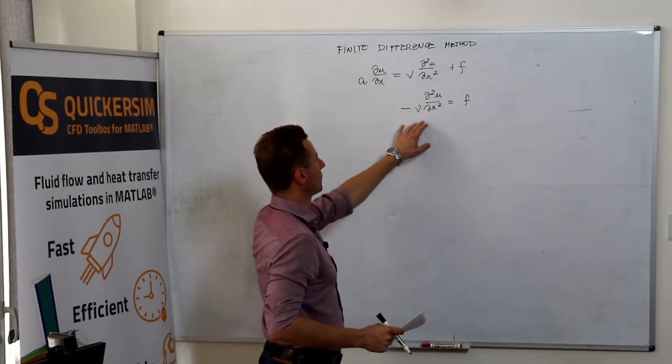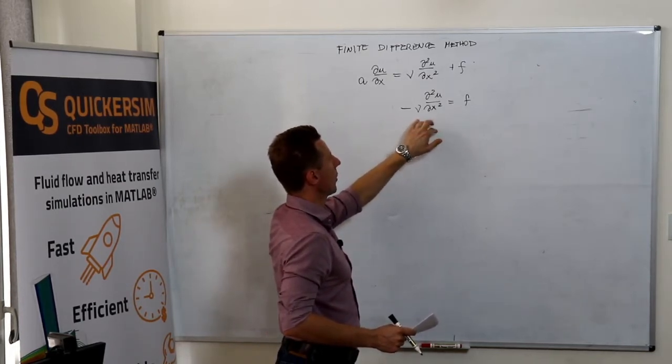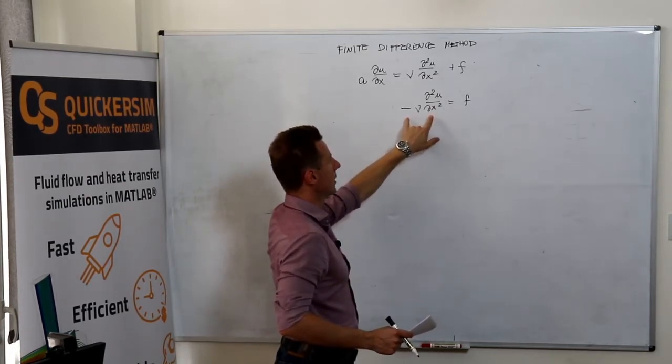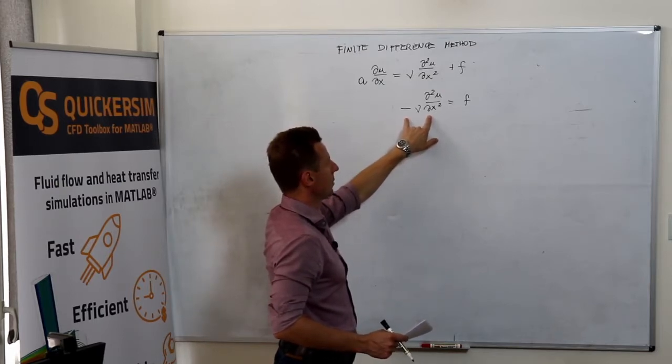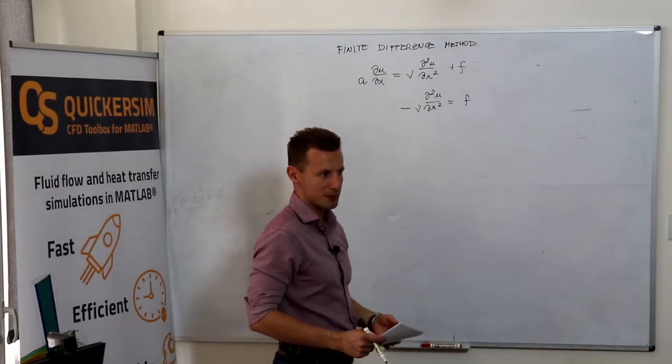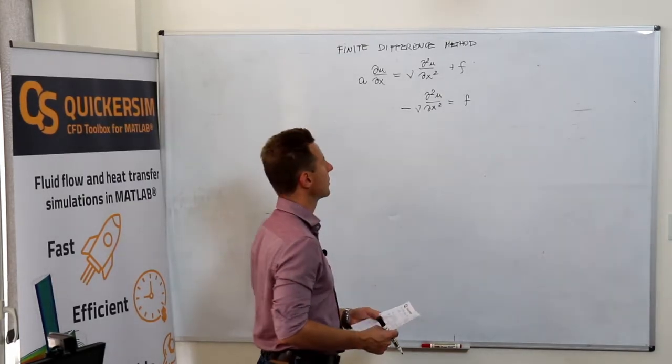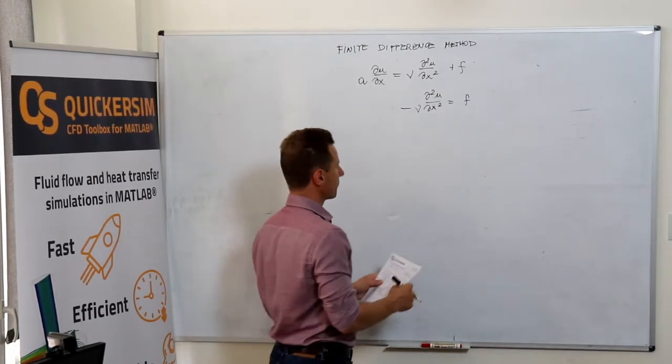What we already know is that if we want to discretize such a second derivative, we can do it with the finite difference method that we have partly introduced before the break.